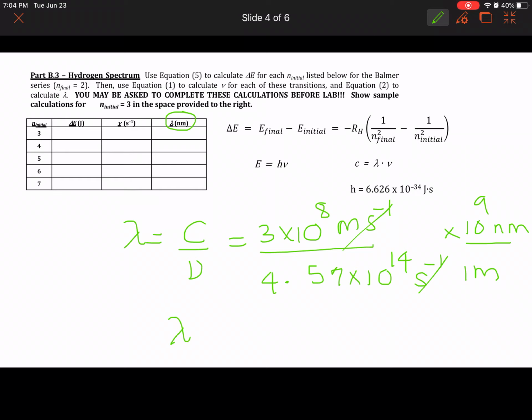So the wavelength in nanometers for the first one is 656 nanometers. You're going to write it down over there.